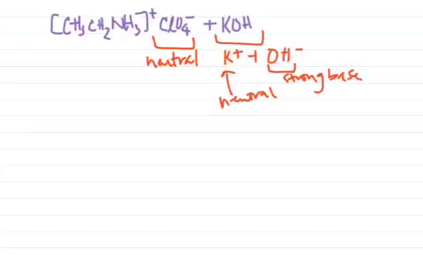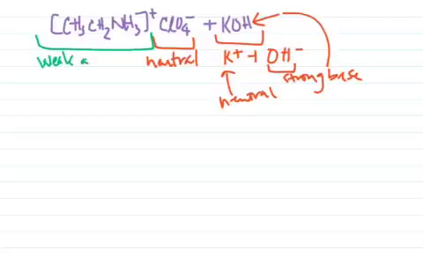That's why KOH is a strong base. That leaves me with this big guy. Because I already have my strong base, that means I need my acid, and because it's not one of my 6 strong acids, I know this is a weak acid.